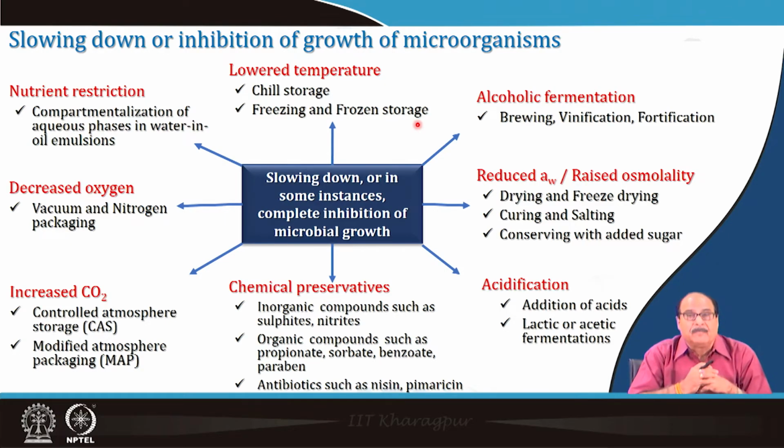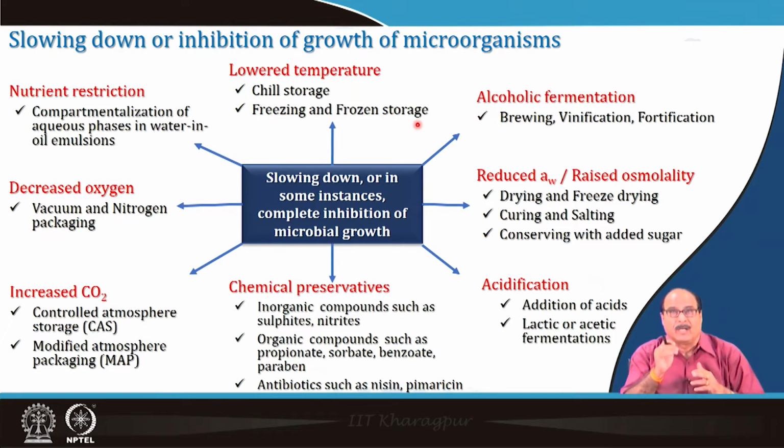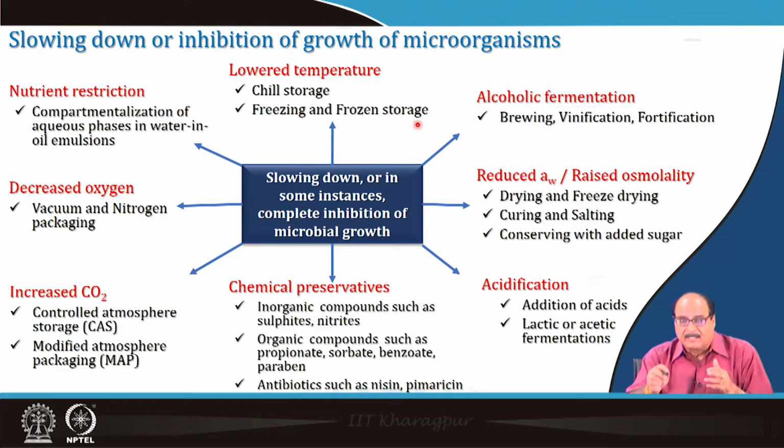Then chemical preservatives, the addition of inorganic compounds such as sulfites and nitrites, organic compounds such as propionates, sorbates, benzoates, parabens, etc., or antibiotics such as nisin, pimaricin, and so on. Even alcoholic fermentation, like brewing, vinification, fortification, etc.; apple juice or grape juice is preserved by converting it into wine through alcoholic fermentation.